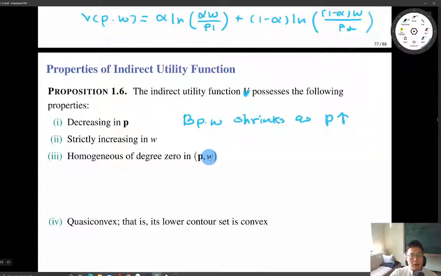Remember function v is defined as u of Walrasian demand.